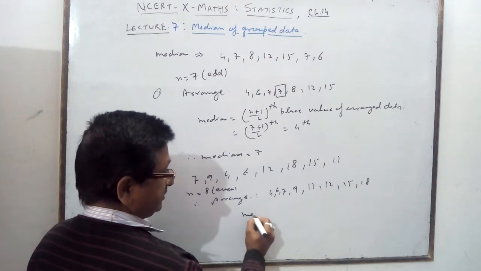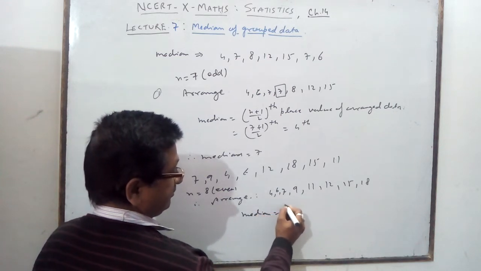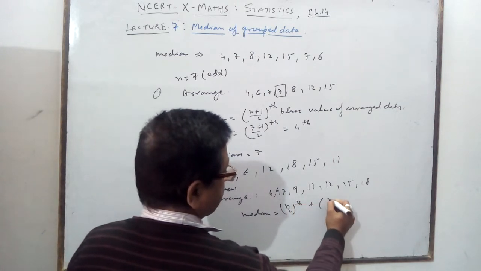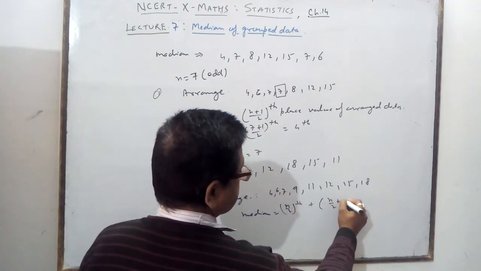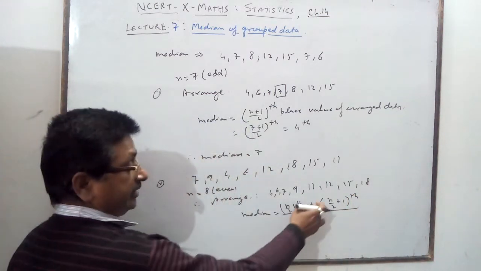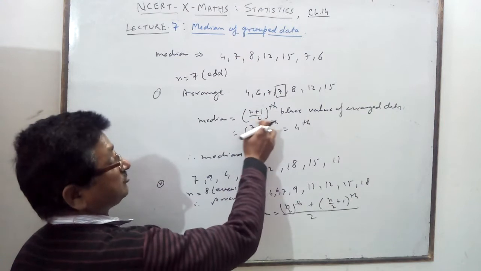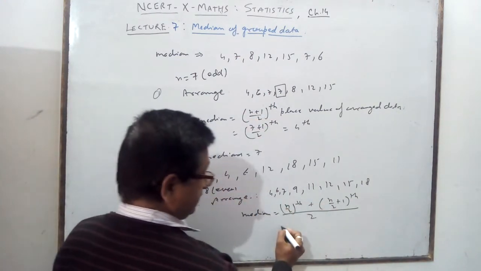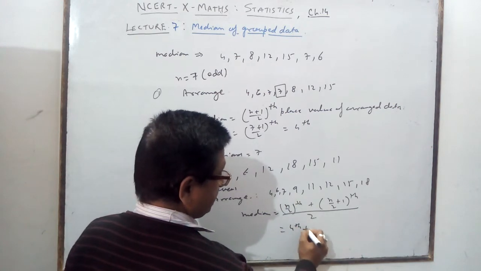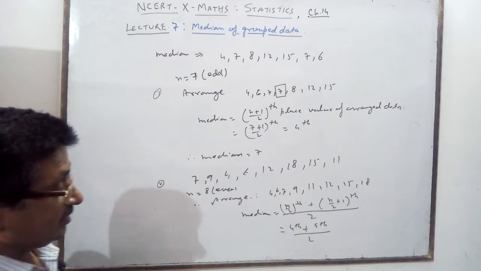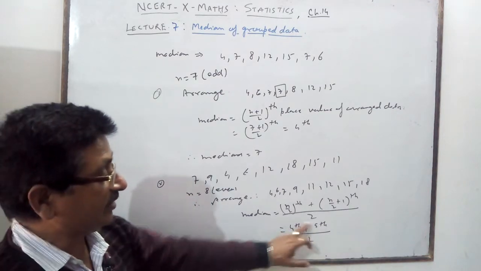Then the median formula is the n upon 2 th place plus the (n upon 2 plus 1) th place, divided by 2. Here n is 8, so n upon 2 is 4, meaning the 4th place plus the 5th place, divided by 2. You will not write 5 plus 4, 9.